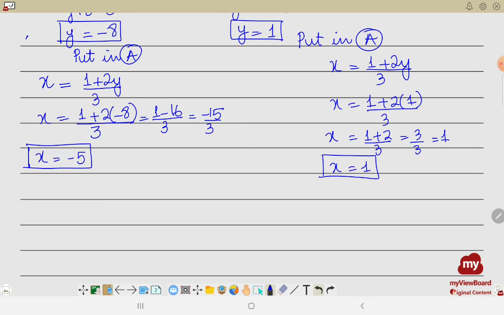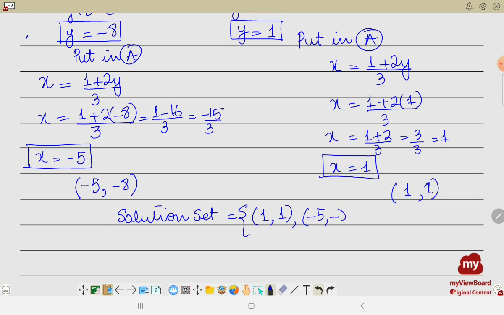So again we have to write down the two ordered pairs where the value of x comes first and y comes second. And again here the value of x is 1 and y is also 1. And at the end we just write down the solution set, both the ordered pairs, which satisfy the given equations.